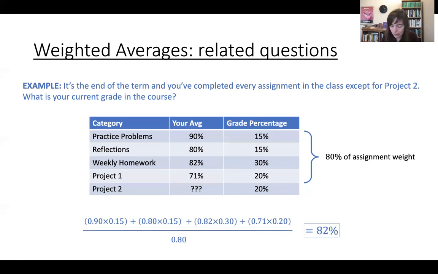I probably shouldn't rob you of the notion that I make mistakes. Definitely happens. Plus 0.71 times 0.2. All right, that answer divided by 0.80. I got something different. I got 80.4%.